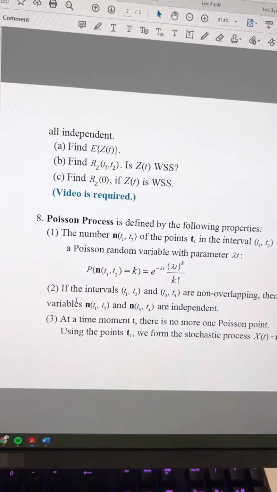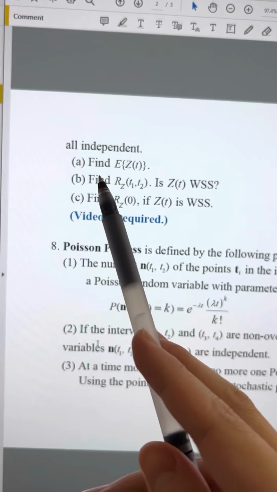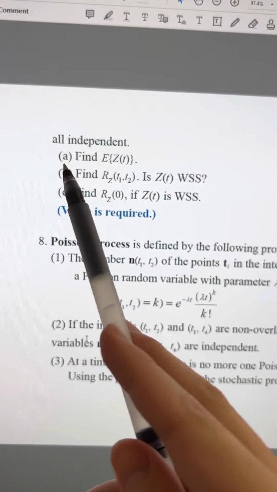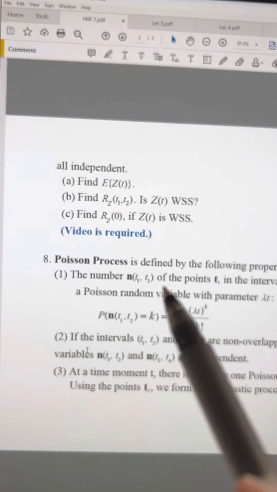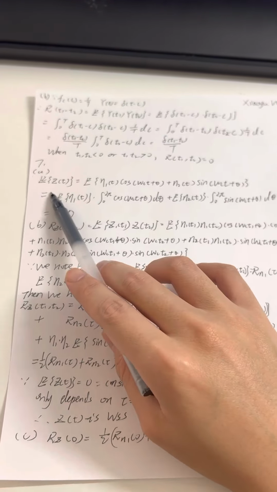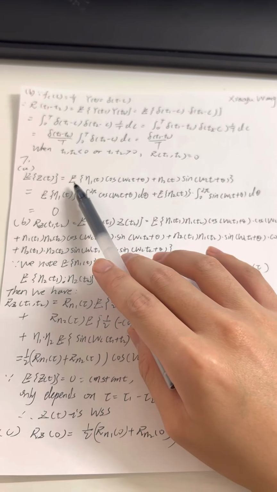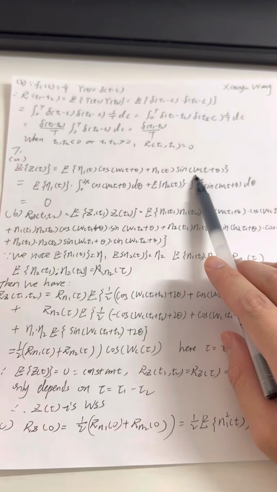Here, first we try to solve sub-question A. It told us to find the expectation of Z(t). It is very easy and we can directly write the expectation as follows.